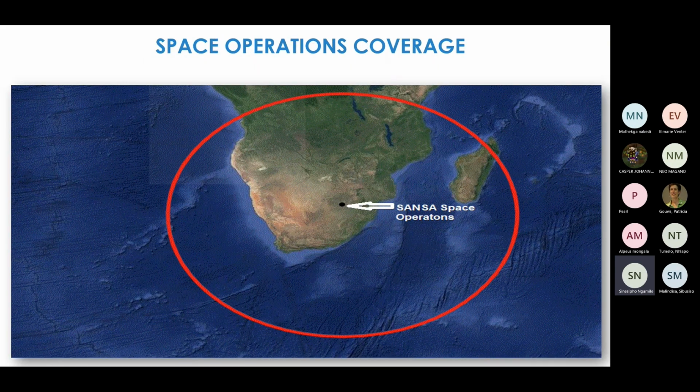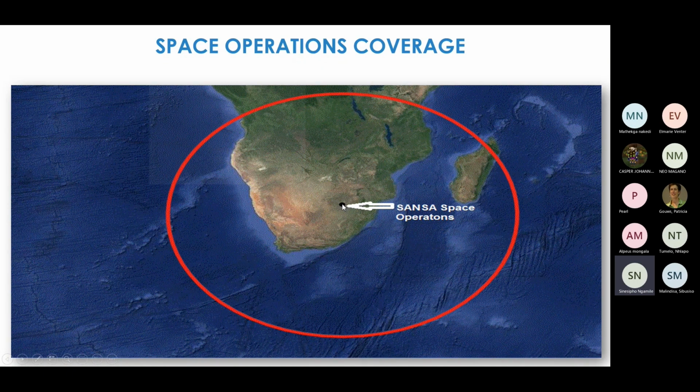This is showing the space operations coverage, which means it shows how far our satellite dishes can see. When a satellite passes over this red boundary over here, we cannot monitor what it does outside of that red boundary. Our satellite dishes will be here where this black dot is located.